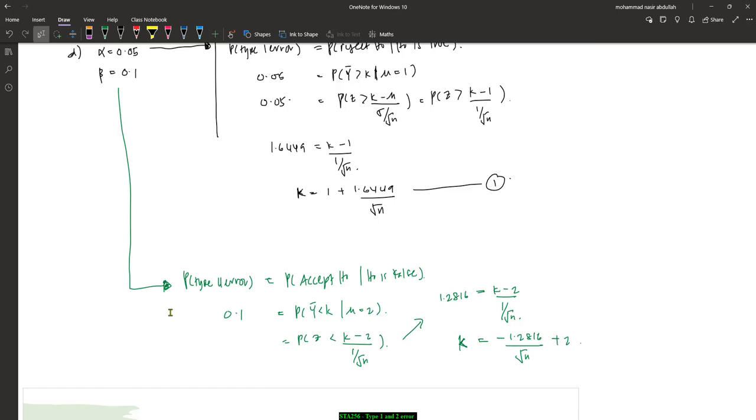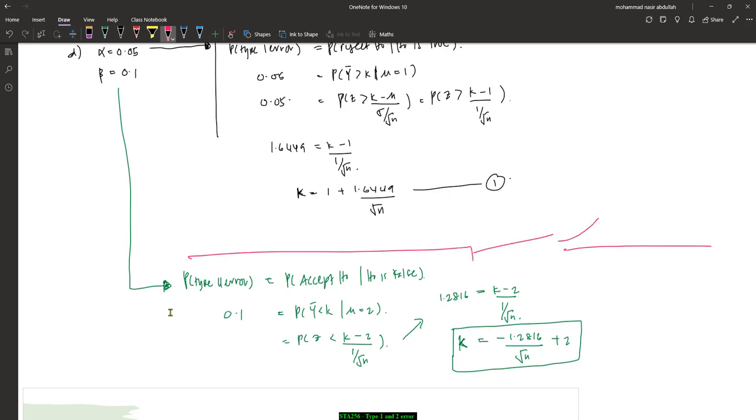Wait, I forgot to mention, I just copied this final answer. But you see, the region that we are looking into for this one, be careful. So this is the rejection region.